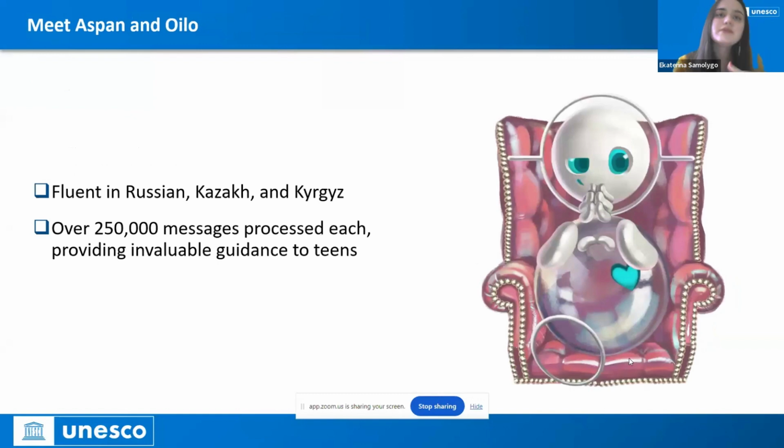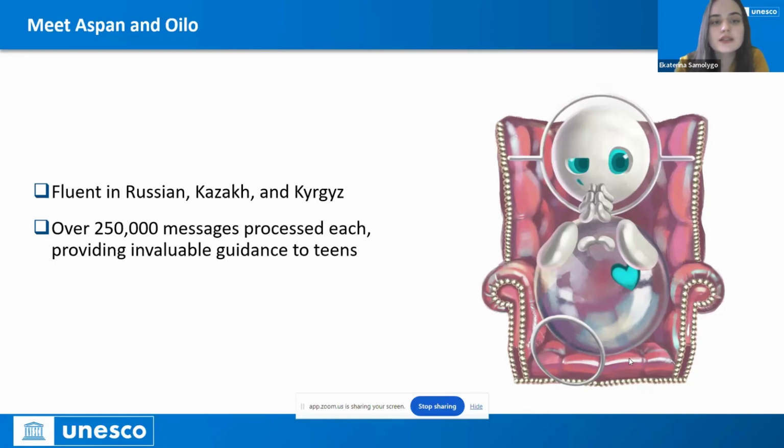So let's dive deeper into the remarkable journey of SPAN and law chatbots. These chatbots, fluent in Russian, Kazakh, and Kyrgyz languages, have processed over 250,000 messages each to date, providing invaluable guidance to adolescents exploring sensitive topics. SPAN and law are more than just digital assistants; they are like trusted allies, offering evidence-based advice on all things relationships, health, psychology, and more.